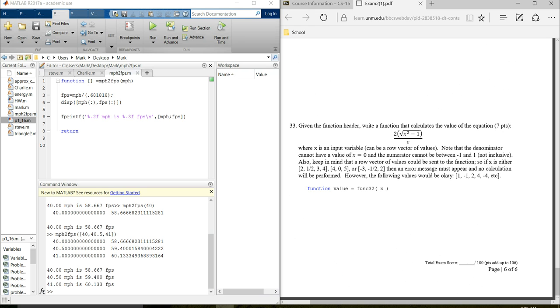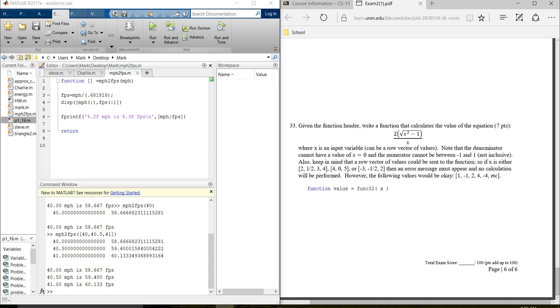Given the function header, write the function that calculates. Given the function header, did he give it? Oh, he did. Given the function header, write a function that calculates the value of the equation 2 times the square root of x squared minus 1 divided by x, where x is the input variable, can be a row vector of values. Note the denominator cannot have a value of x equal to 0, and the numerator cannot be between -1 and 1, not inclusive.